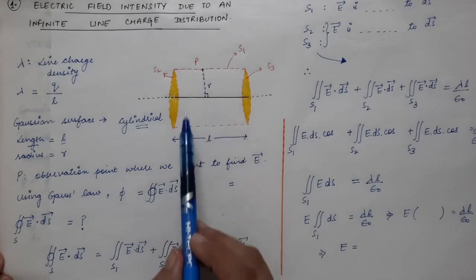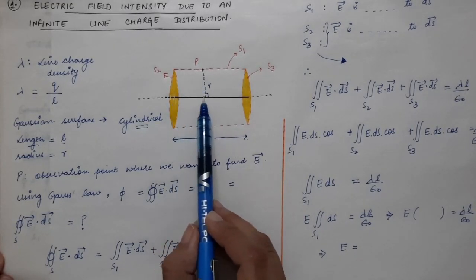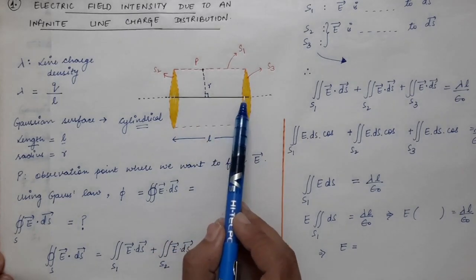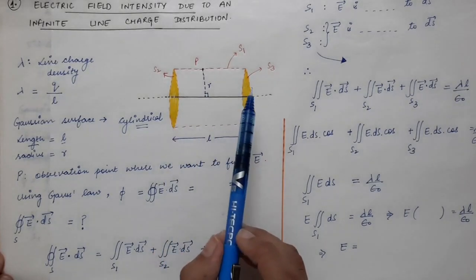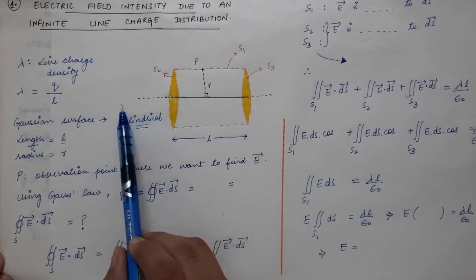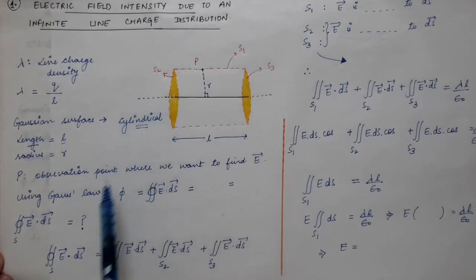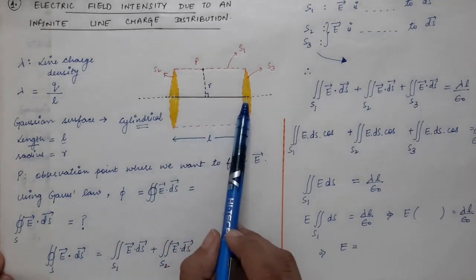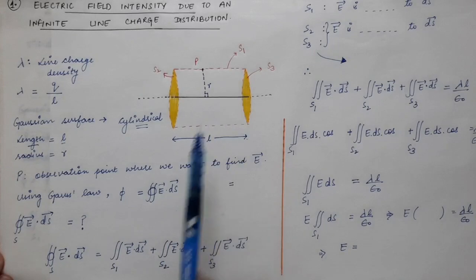This Gaussian surface encloses only the charge which is present on this line. As we had done previously, whatever charge is present outside the Gaussian surface is not considered in Gauss law. Only the charge present inside the Gaussian surface is considered.